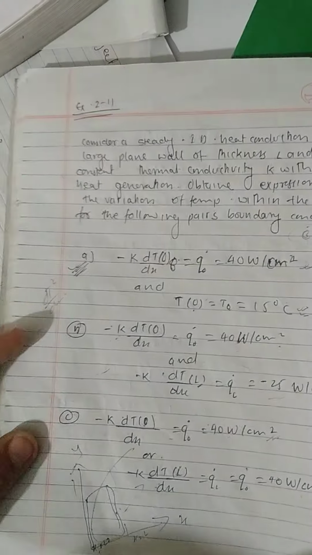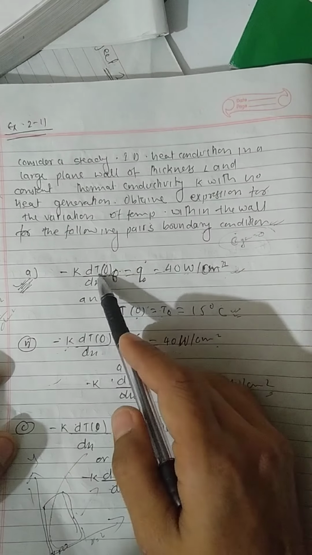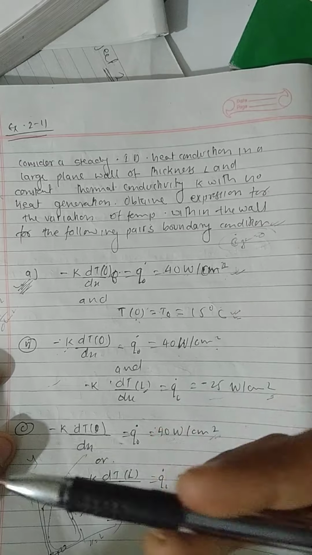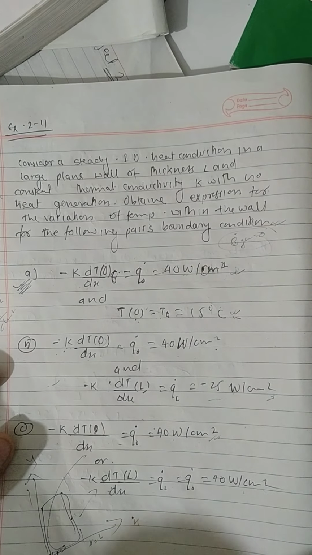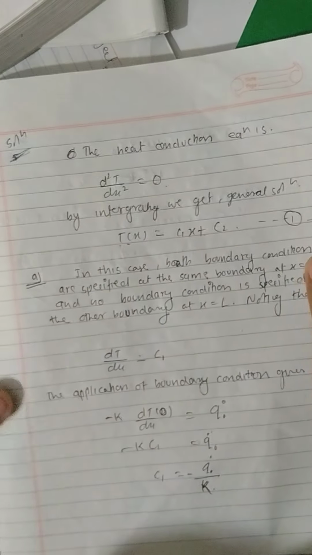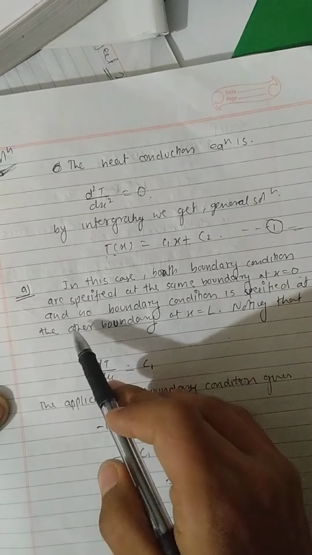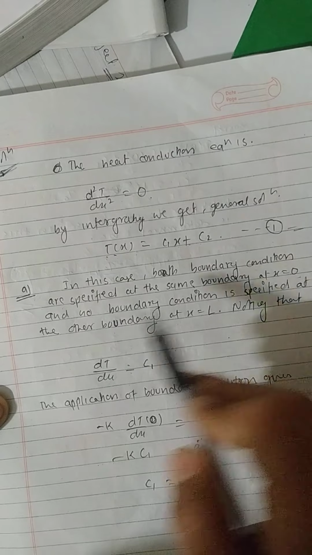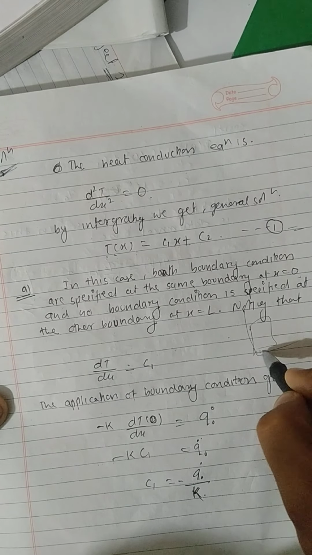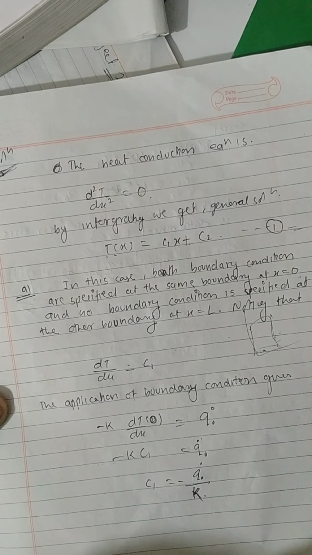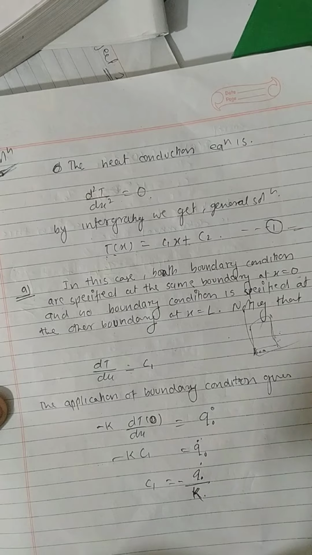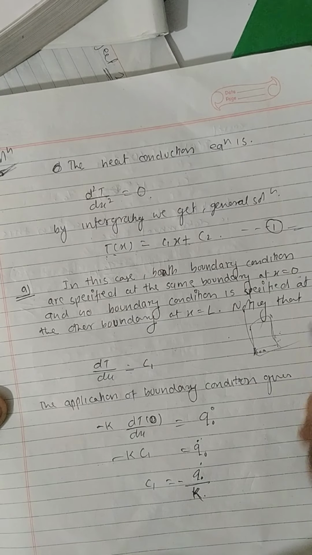Both boundary conditions are given at x equal to 0, and no boundary condition is specified at the other boundary. Only two boundary conditions are given, and they are defined at x equal to 0.